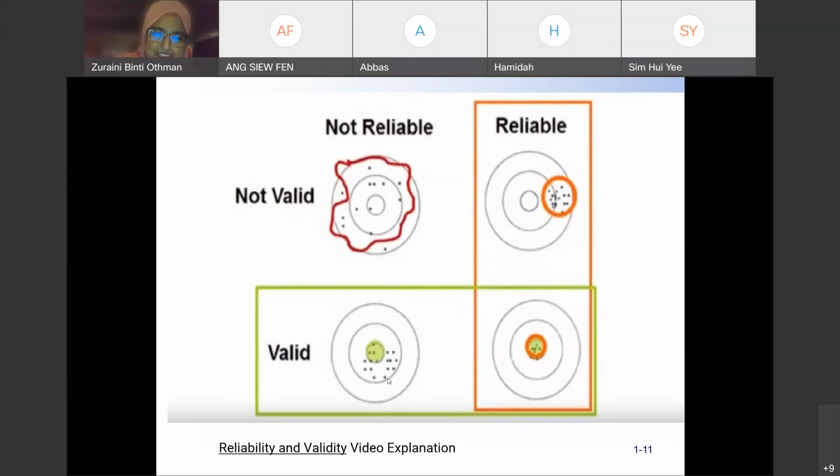Any question? The physics terms are accurate and precise, the terms we learn in physics from the Malay textbook, right?